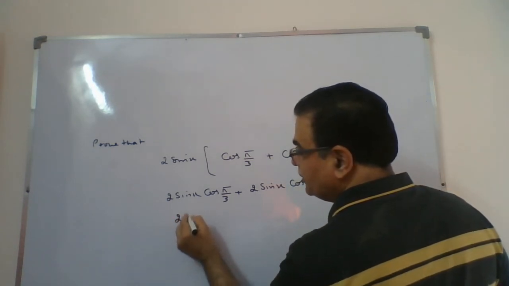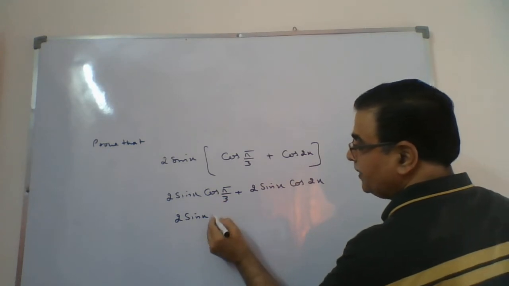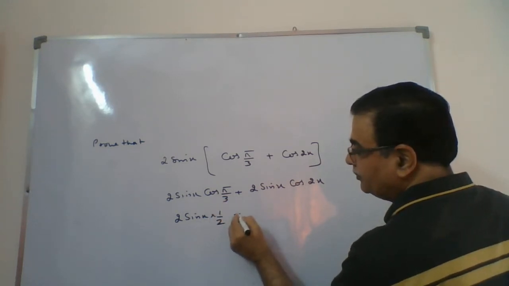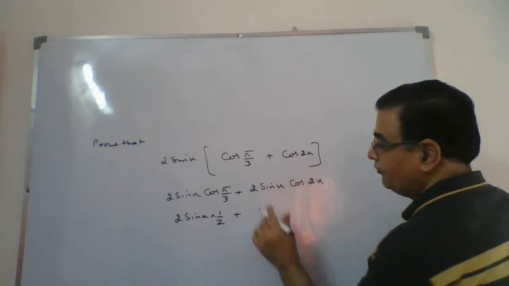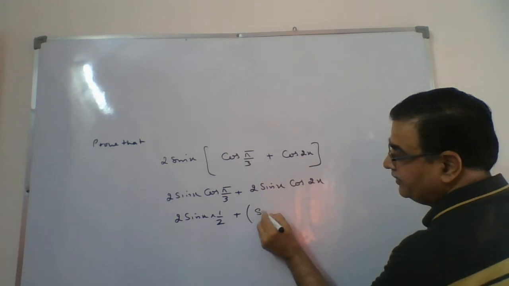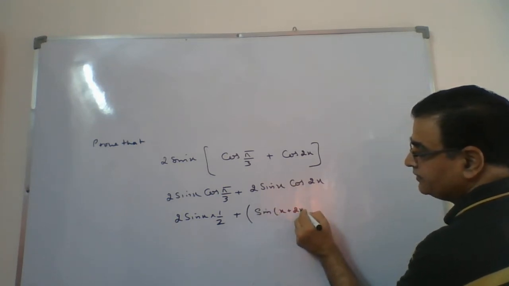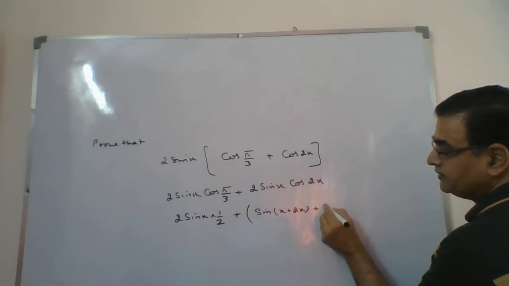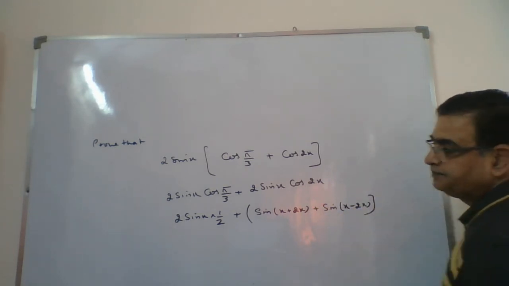Then it comes out to be 2 sin x cos π/3. Cos π/3 is nothing but half, plus 2 sin A cos B. It is the formula of sin(A + B) + sin(A − B). So I get sin(A + B), meaning x + 2x, then plus sin(x − 2x).